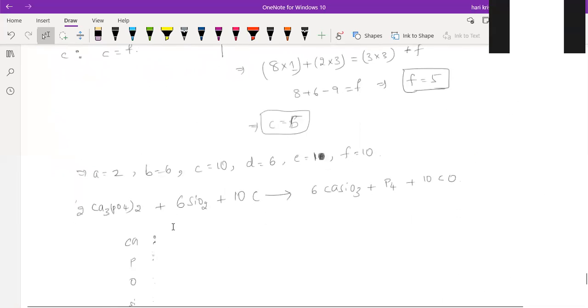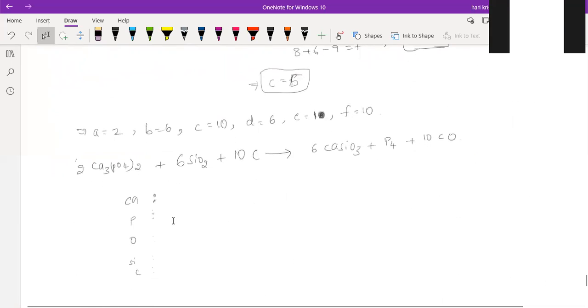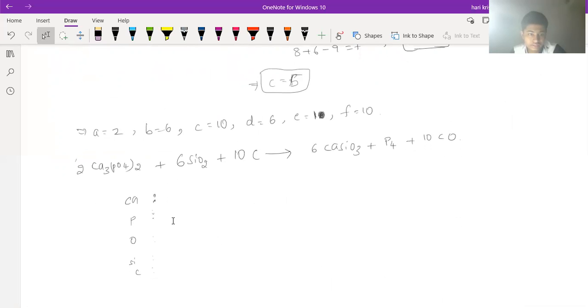Clear for everyone? Check how many calciums are there on the reactant side and the product side. 6 on the reactant side, and 6 on the product side.